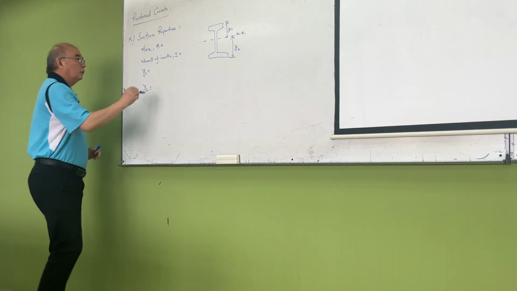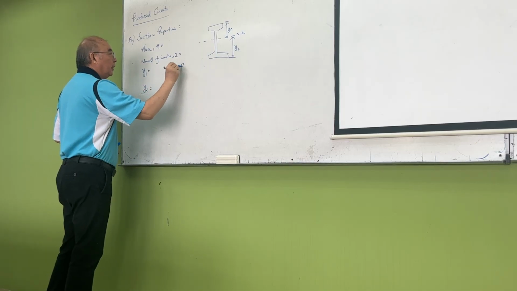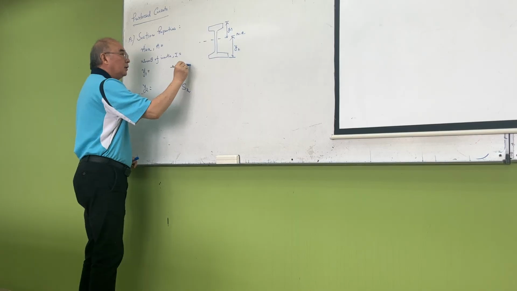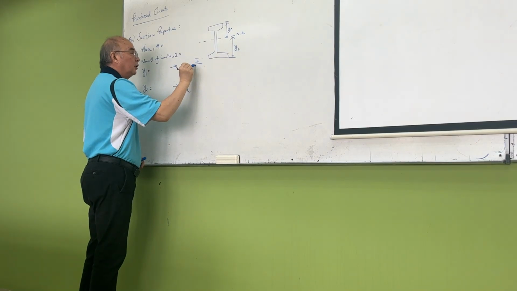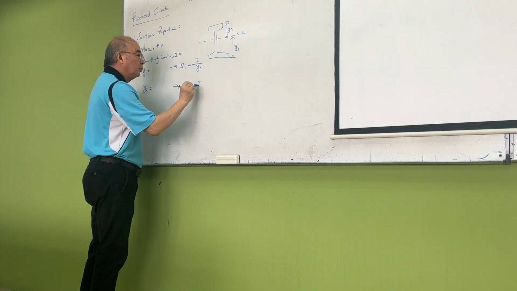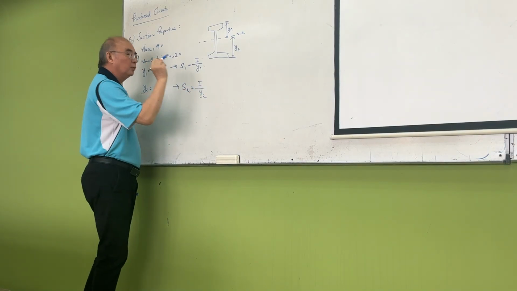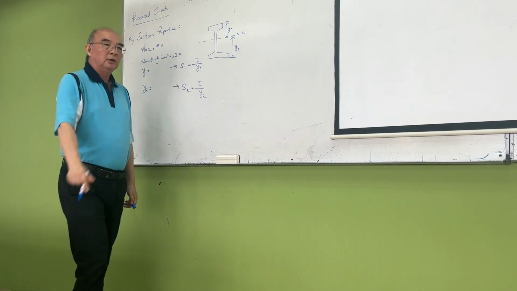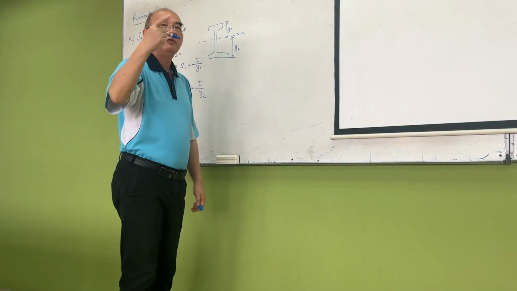With this you need to calculate S1 and S2. S1 is just equal to moment of inertia divided by y1, and S2 is moment of inertia divided by y2. In the test one, I give you the rectangular sections.